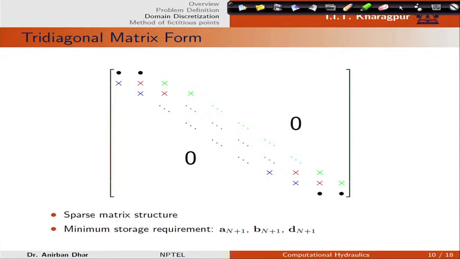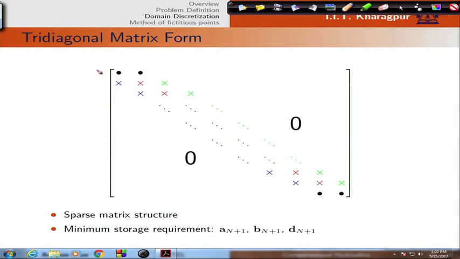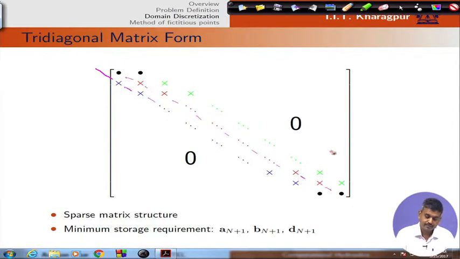If we store these diagonal values, this is our B matrix, this is D column vector, and this one is A. So, in this case A n is always 0, and in this case B 0 is always 0.